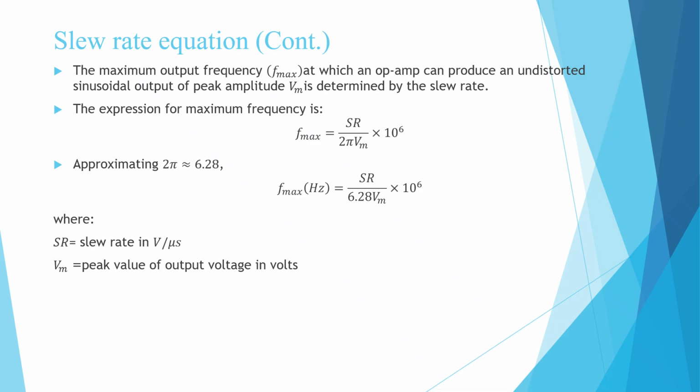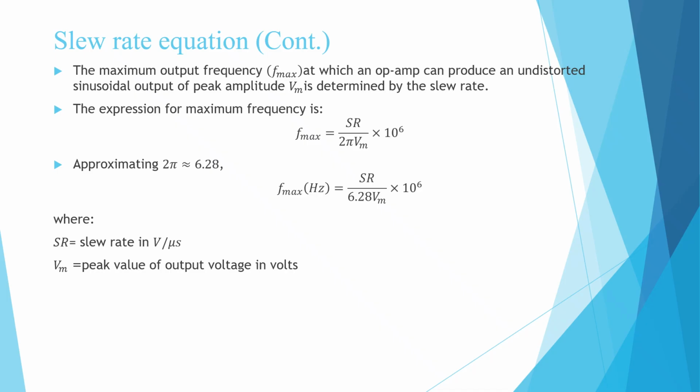The slew rate limits the highest frequency at which the op-amp can produce the sinusoidal signal without distortion. From the slew rate relation, for a sine wave, slew rate equal to 2 pi f Vm. We can rearrange the equation to find the maximum frequency. So F max is given by SR, that is slew rate, by 2 pi Vm.